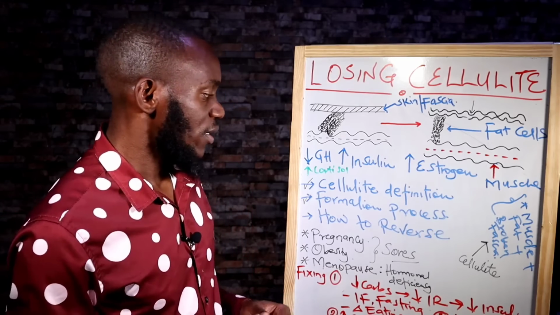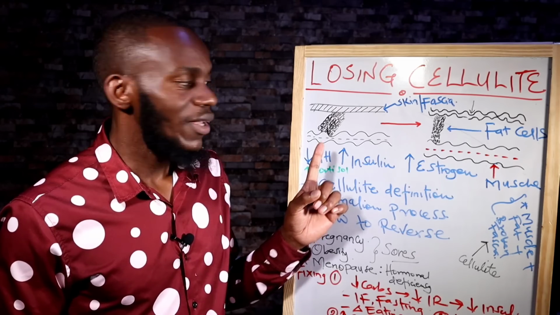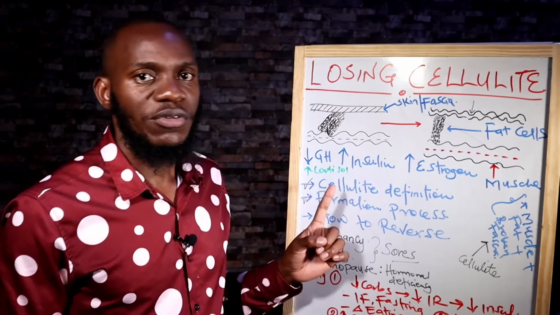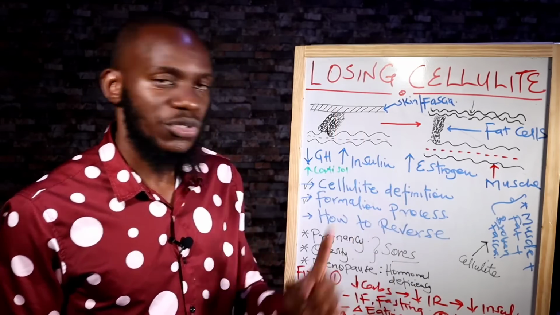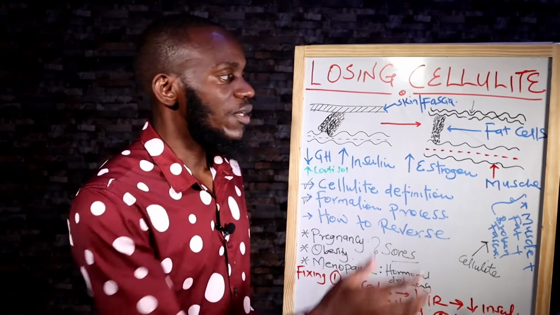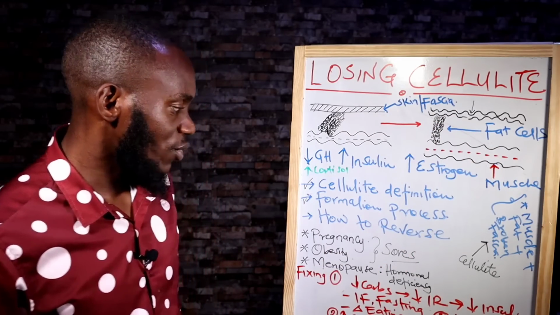So mark that. Therefore, if you get a chance to increase your growth hormone, reduce your insulin levels, reduce your estrogen levels and also reduce your cortisol, then this cellulite disappears, the skin goes back to normal, and you revert back to normalcy.